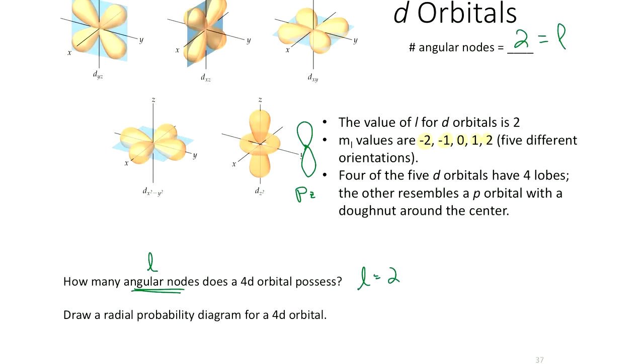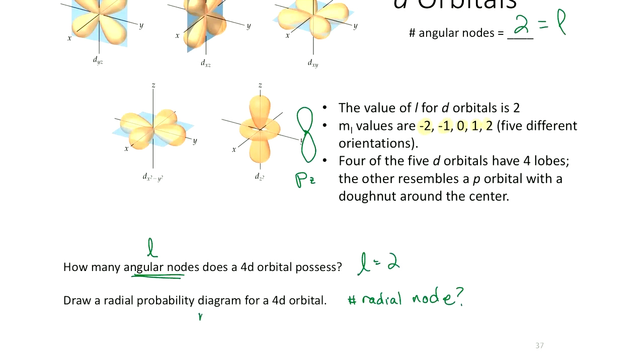Basically, this question is asking how many radial nodes I need to draw. To do that, if we identify the n and L values for this orbital, we can plug them into the equation and determine how many times the graph has to go to 0. So for a 4d orbital, what is n?